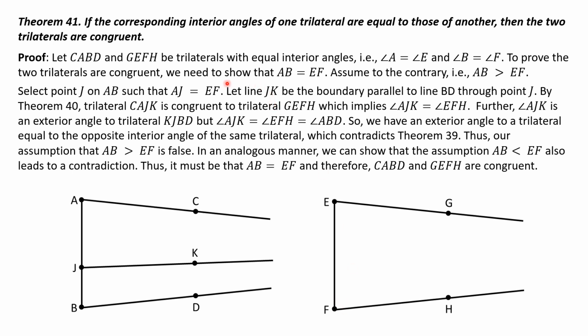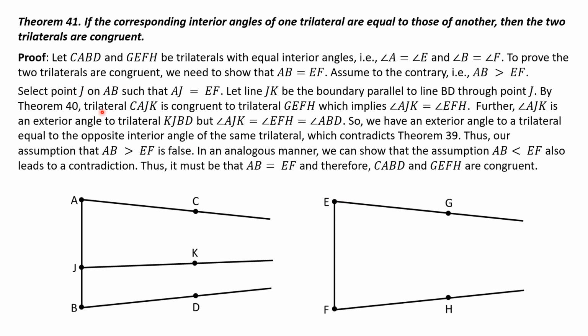In order to prove that the two trilaterals are congruent by side angle side, by our definition of congruence for trilaterals, we need to show that AB is equal to EF. So we'll again do this proof by contradiction. Let's assume that AB is bigger in length than EF.